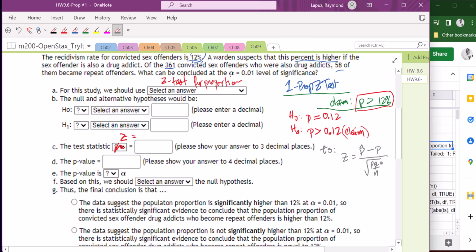All right. So p hat is obtained by the number of successes divided by the total number.